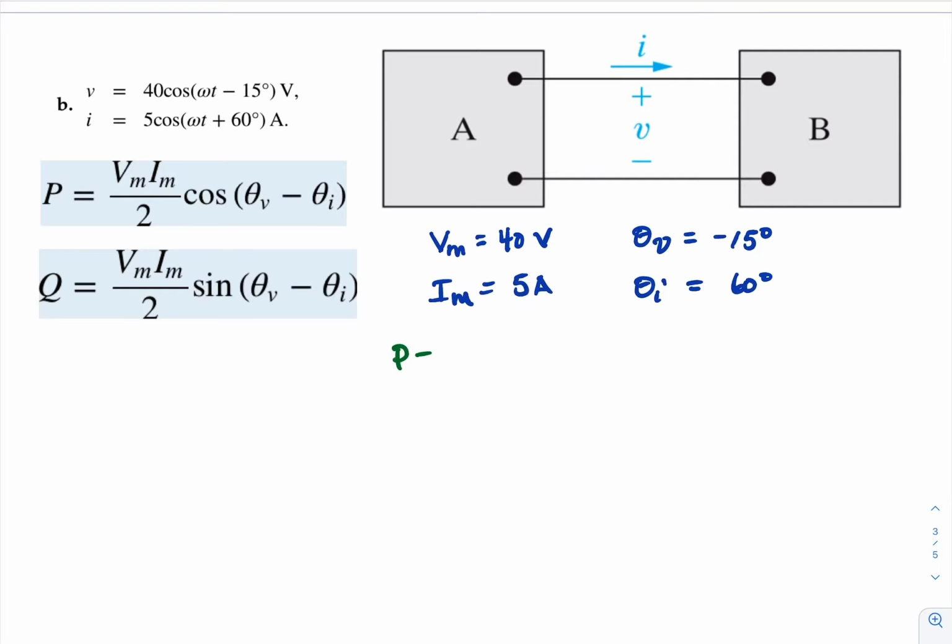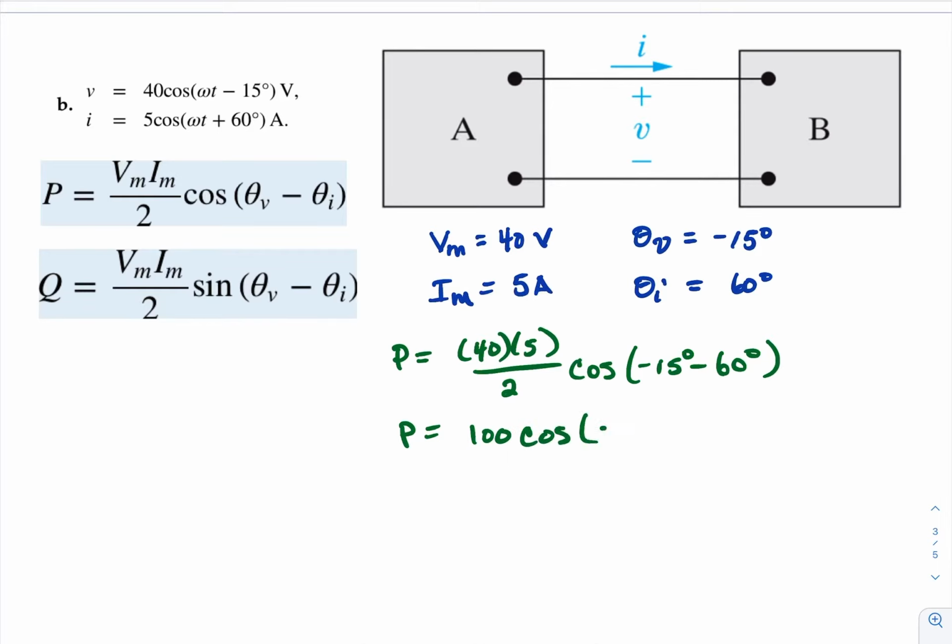So P is equal to 40 times 5 divided by 2 cosine of theta sub v, which is minus 15, minus theta sub I, which is 60 degrees. And P is equal to 100 cosine minus 75 degrees.